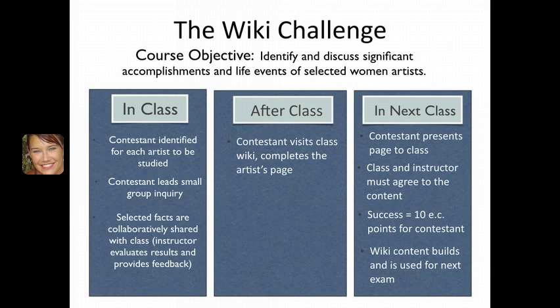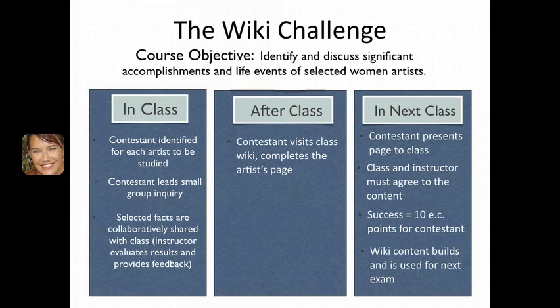That brainstorming period in class was shared back with the entire class, and it gave me an opportunity to share additional input. But then after class, that student was responsible for accessing our wiki, and locating the placeholder page I had created for them, and populating, summarizing that information on that page about the artist.